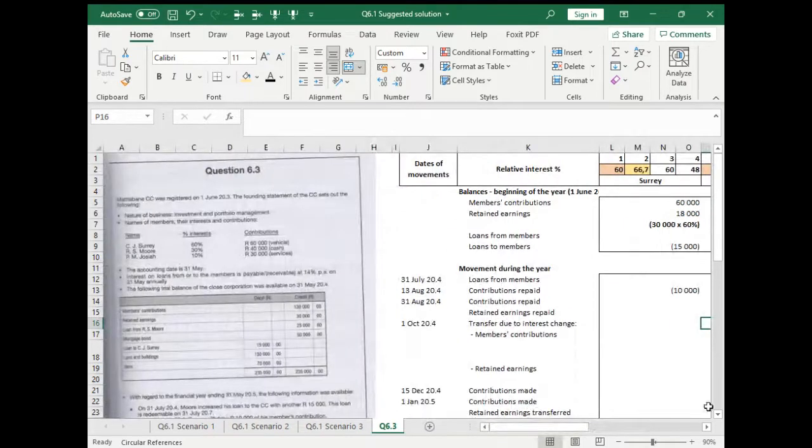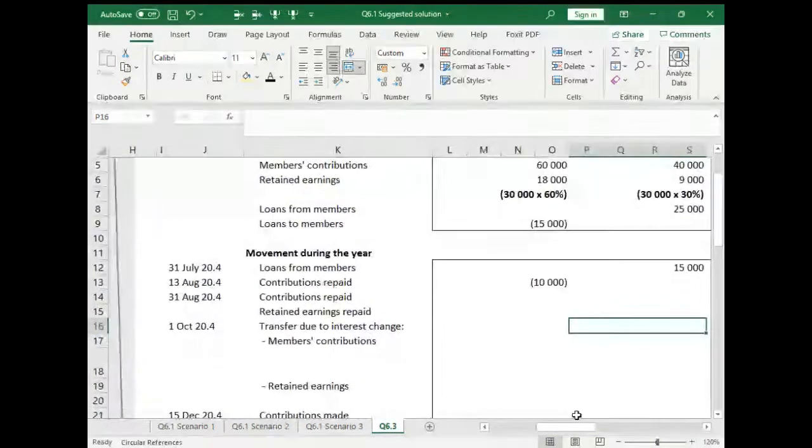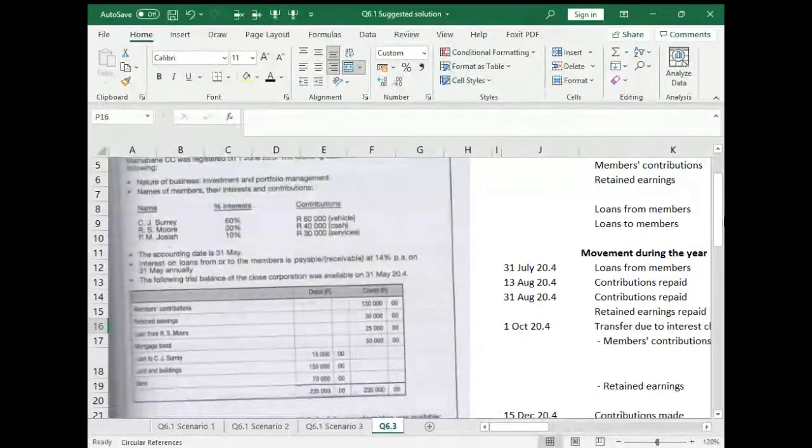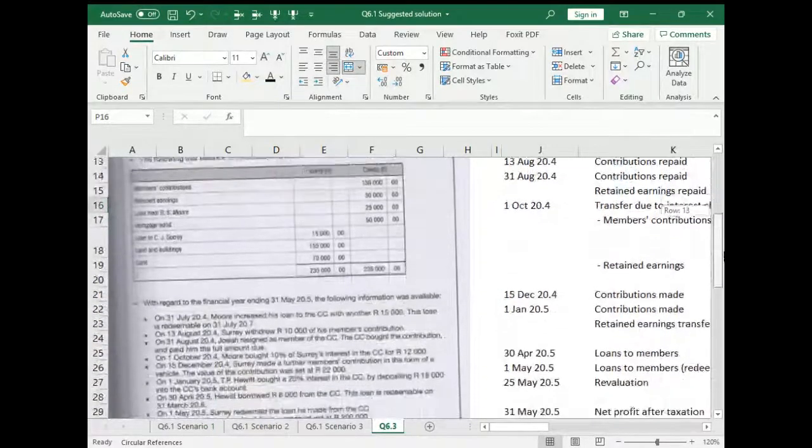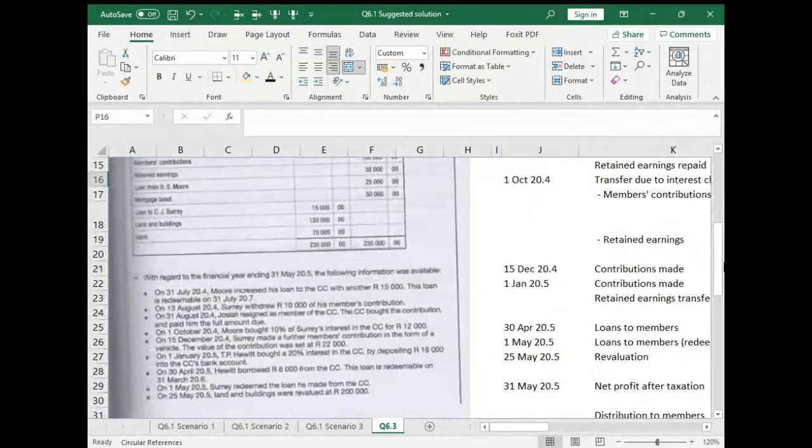Okay, if we go then to the next information. So after he's resigned, on the 1st of October, Moore bought 10% of Surrey's interest in the CC for 12,000.